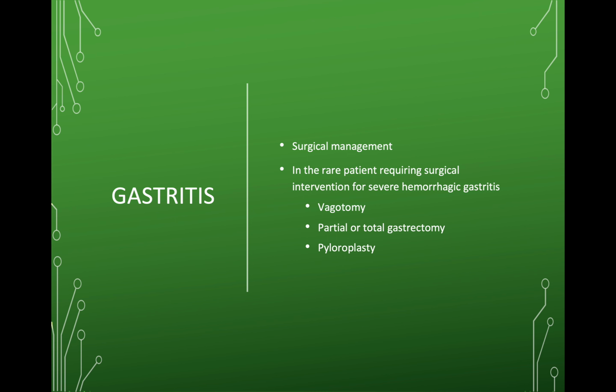They may also do a procedure called a vagotomy, where essentially they go in and sever the vagus nerve that feeds into the stomach, and that reduces the secretion of acid within the stomach. So just a few types of surgical procedures that a patient with severe gastritis might undergo.